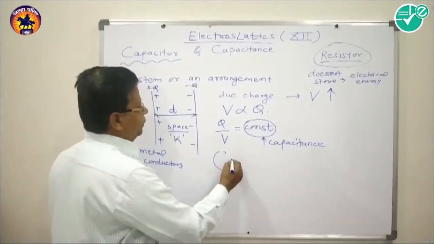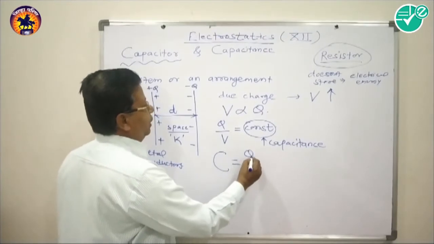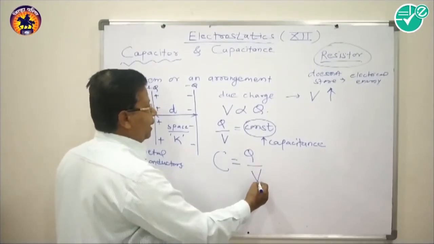So, capacitance of a capacitor C is equal to Q divided by V.